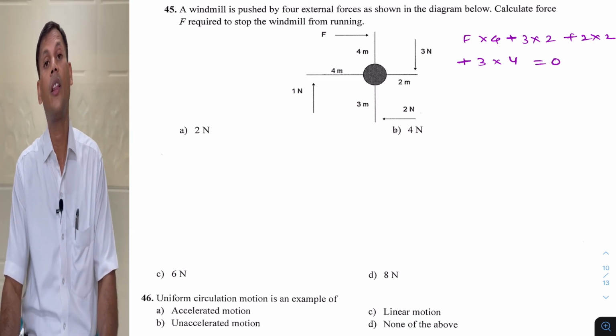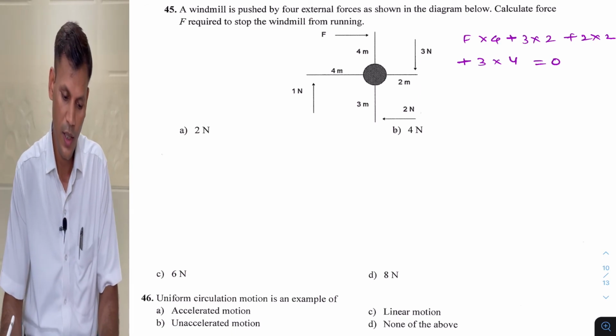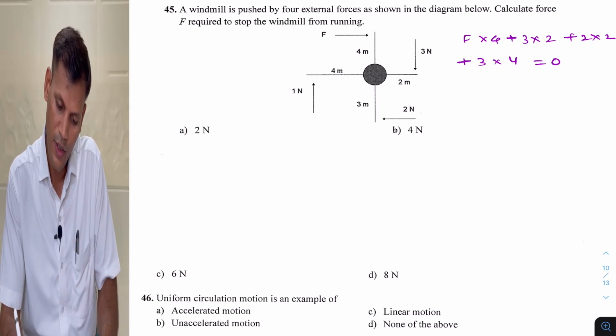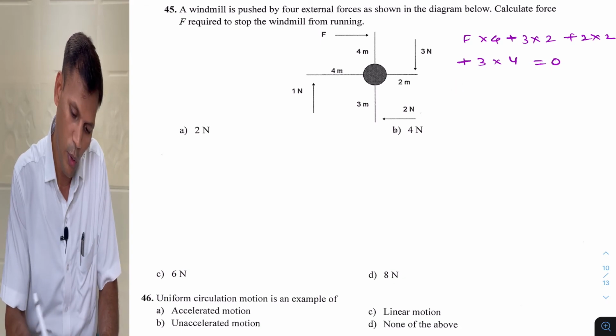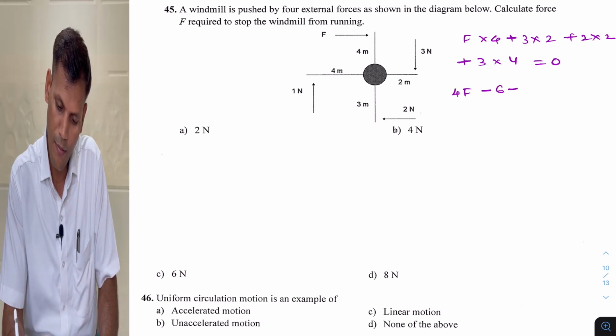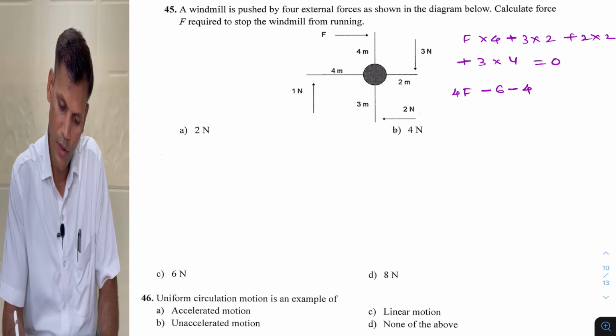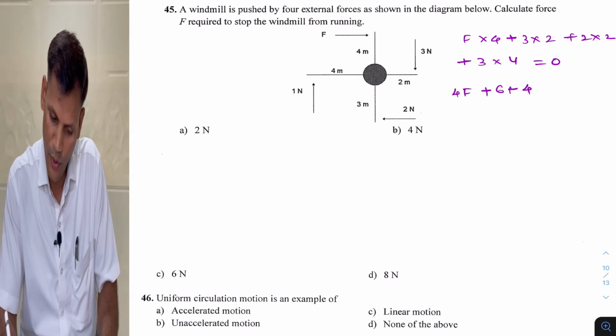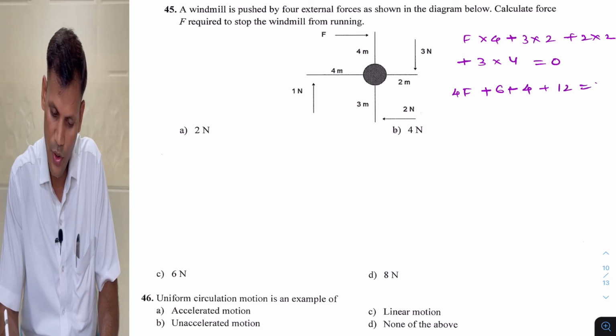So the sum of all the moments at a point is 0. That is the principle of moments. So you will get 4F minus 6 minus 4 plus 6 plus 4 plus 12 is equal to 0.